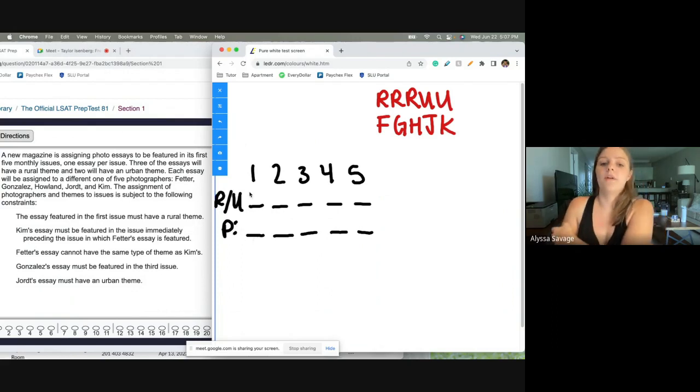If you struggle to remember who your photographers are, while we have it up here, it can be nice to list them out over here, so that you know my F, G, H, J, K variables are on my bottom line. This is just how I ordered them. It doesn't necessarily matter who's on top or who's on bottom. I just wrote it out that way because that's the way it was presented to us.